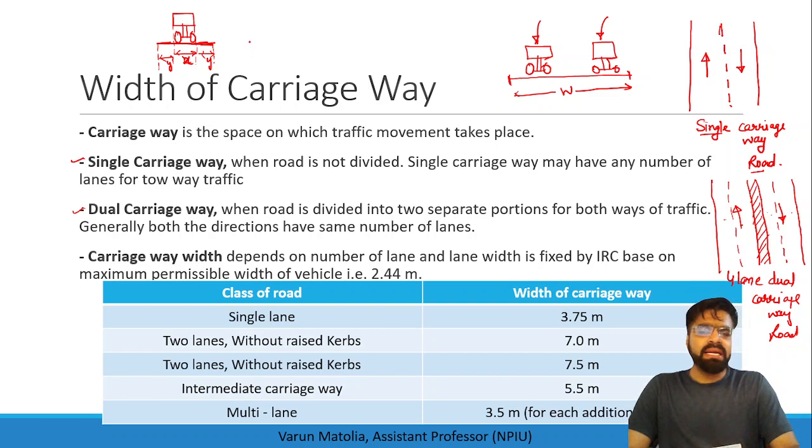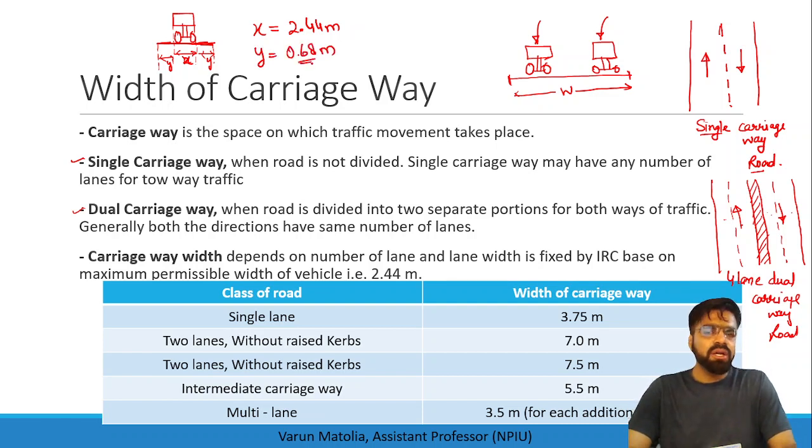So IRC has reduced the burden, and it has stated that the maximum permissible width for a vehicle will be 2.44 meter. Now we have 2.44 meter, and y will be 0.68.